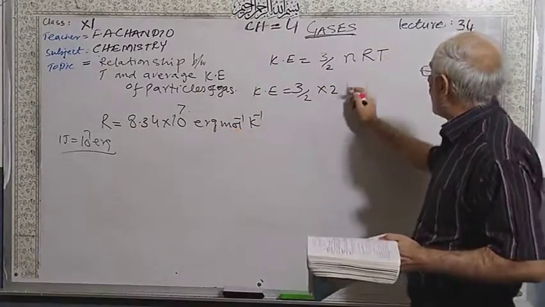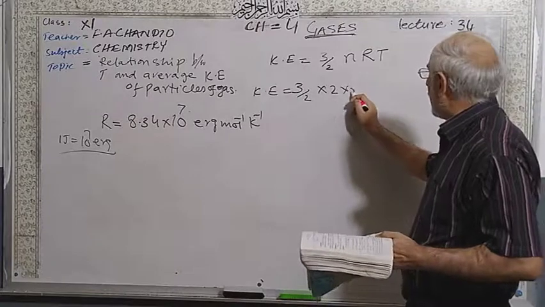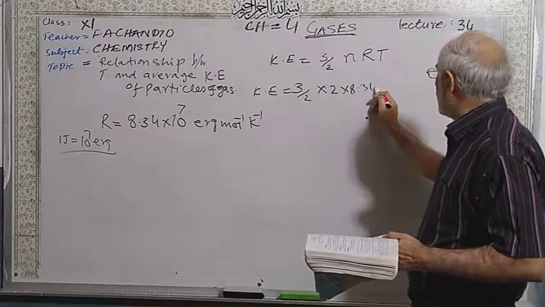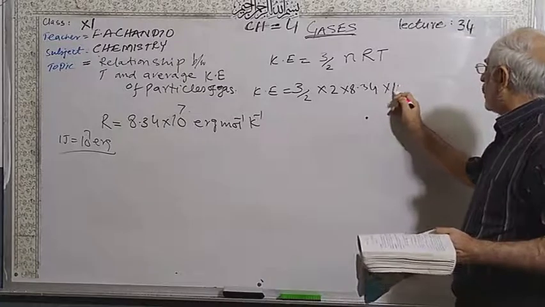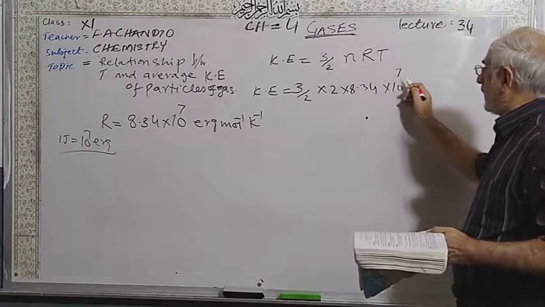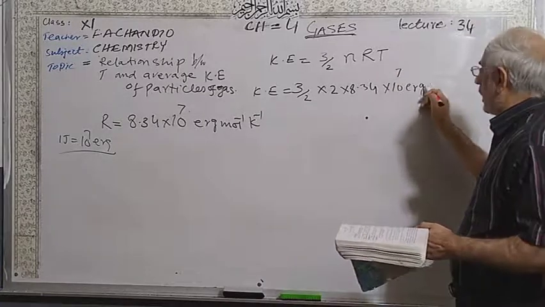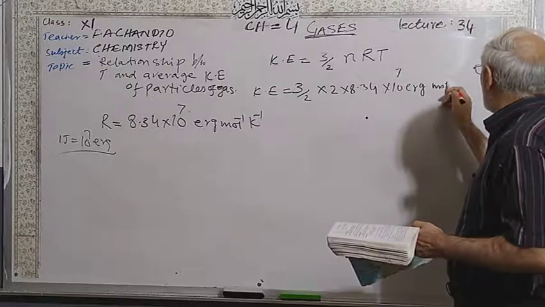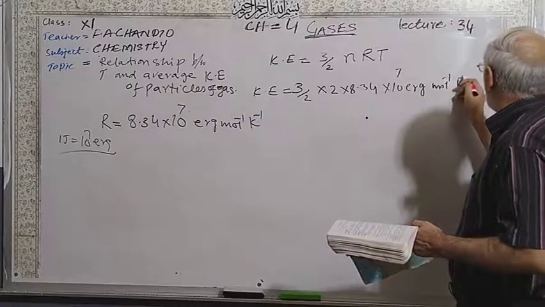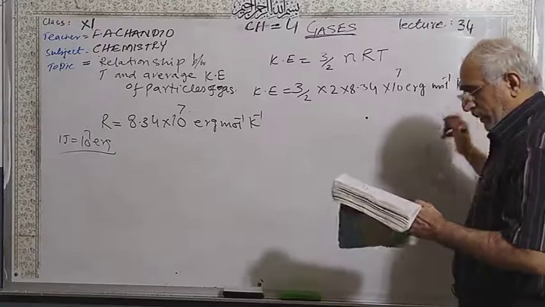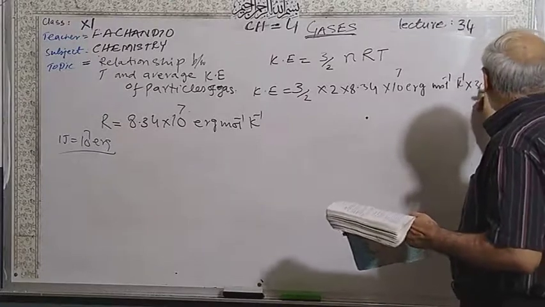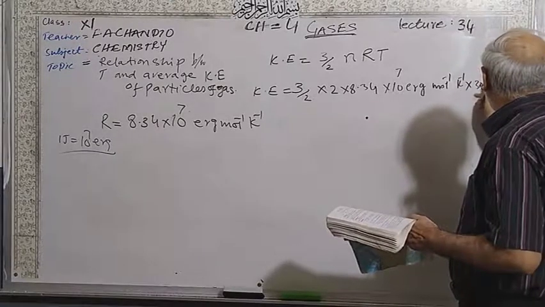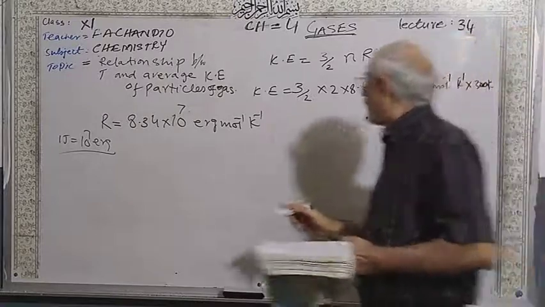So instead of R, I have to put 8.314 into 10 to the power 7 ergs per mole per Kelvin, multiplied by temperature, 300 Kelvin.